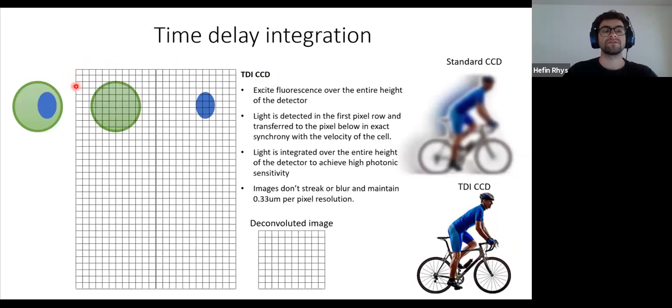When photons hit one of these cells, the cell becomes charged proportional to the number of photons that have hit that cell. But we're trying to image objects that are moving quite quickly. And so the system uses a process called time delay integration to prevent us from getting blurry images from these fast-moving objects.